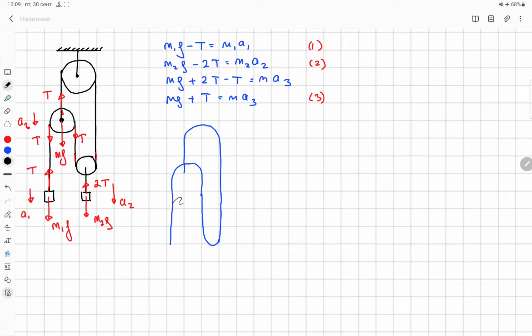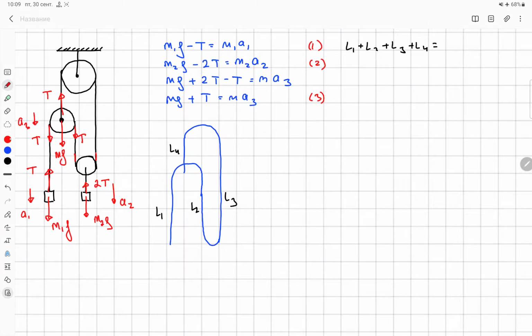The length of the left side of the rope, let's call it L1, the middle one L2, the right one L3, and the upper one, let me call it L4. I will take into account this part of the rope because it will not change. We know that L1 plus L2 plus L3 plus L4 should be constant. The rope is inextensible, so the length of the rope should be constant.